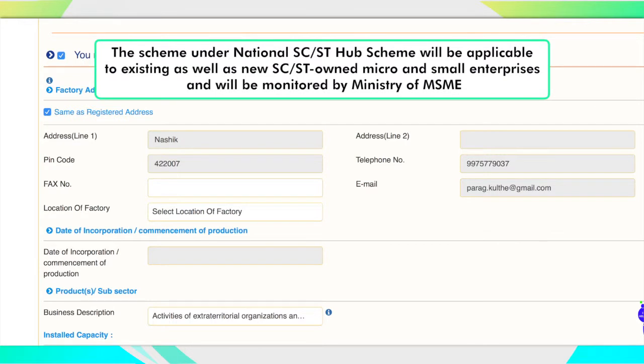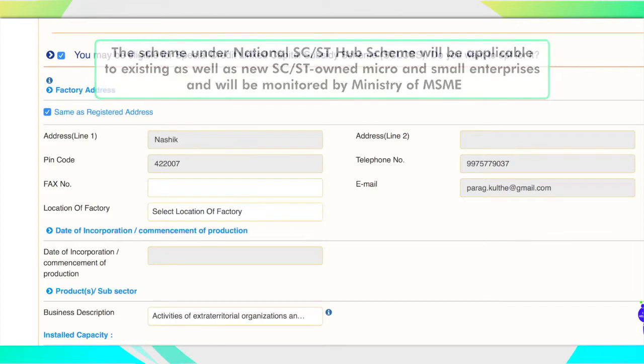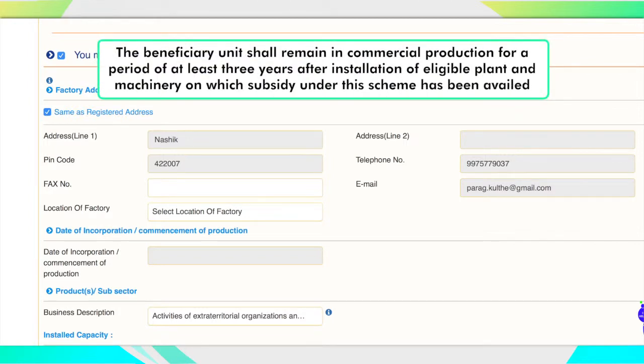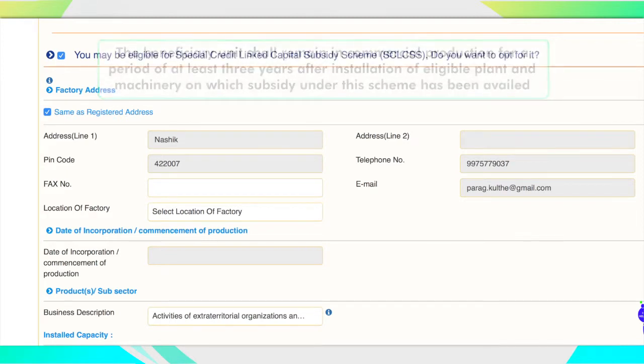The scheme under National SC/ST Hub Scheme will be applicable to existing as well as new SC/ST owned micro and small enterprises and will be monitored by Ministry of MSME. The beneficiary unit shall remain in commercial production for a period of at least 3 years after installation of eligible plant and machinery on which subsidy under this scheme has been availed.